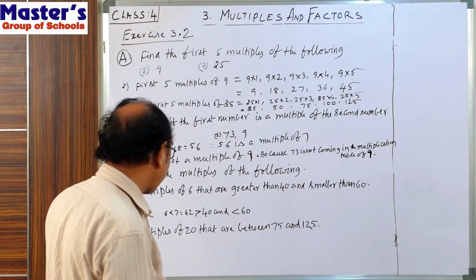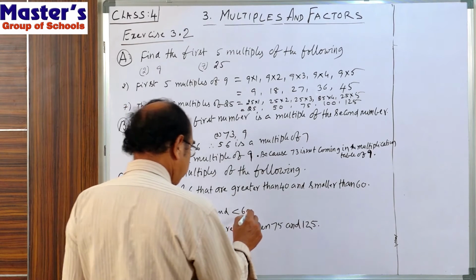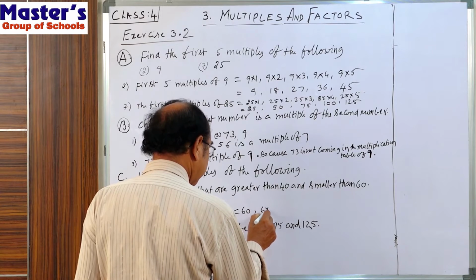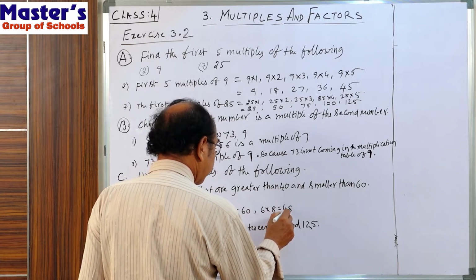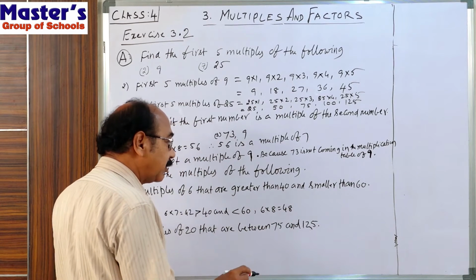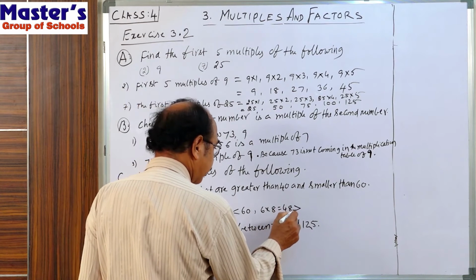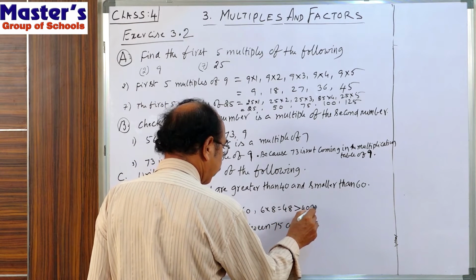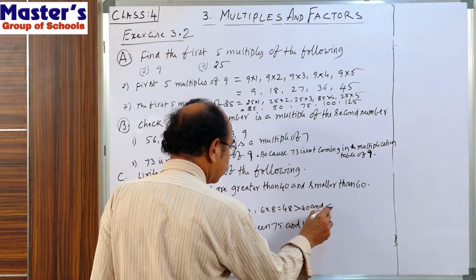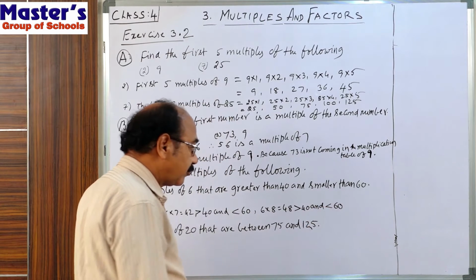Okay, children. Next. 6 8s are 48. 48 is bigger than 40 and less than 60.